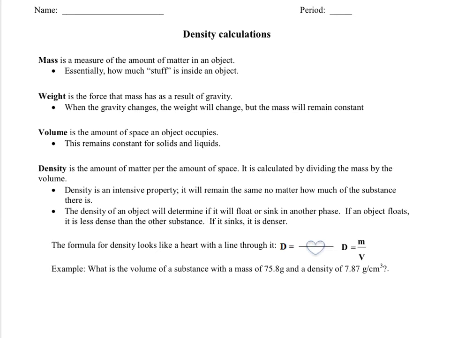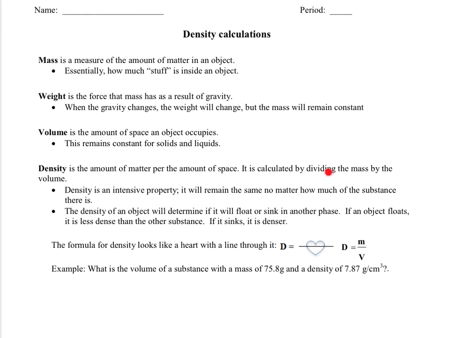Volume is the amount of space that the object takes up. That will always be the same for solids or liquids. It does change with temperature slightly, but if we're talking about the same temperature, it should remain constant. Density is the amount of matter, so mass, per amount of space, so per volume.